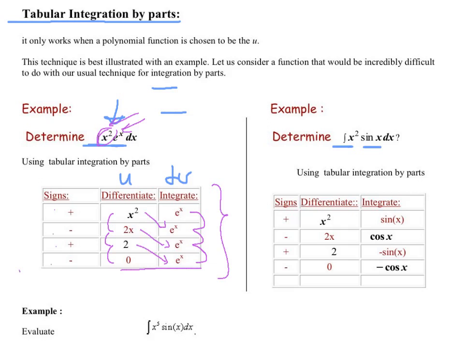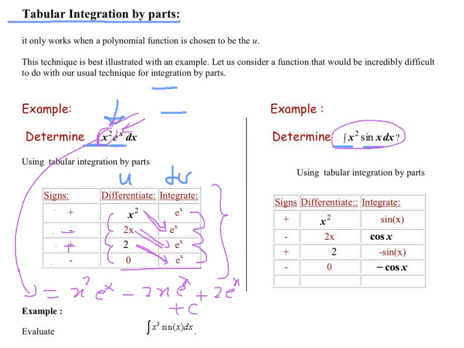So your answer, which is integration of x squared e to the x, is going to be x squared e to the x, which is this, then minus this times this, which is minus 2x e to the x, and plus 2e to the x plus c.